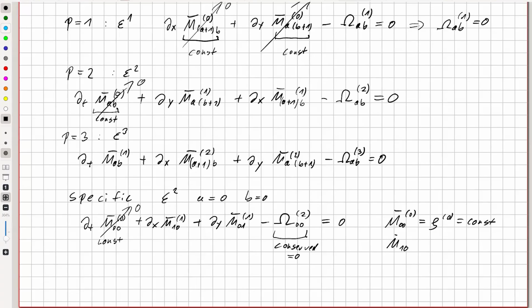We have M1,0 to now first order. This is rho to zero order and u to first order, plus rho to first order and u to zero order. U to zero order is 0. So this rho to first order disappears, and all we have left is rho to zero order times u to first order.